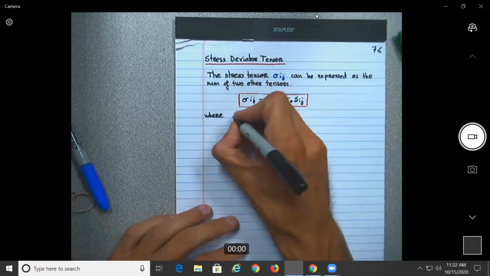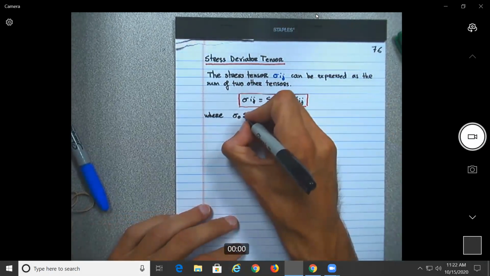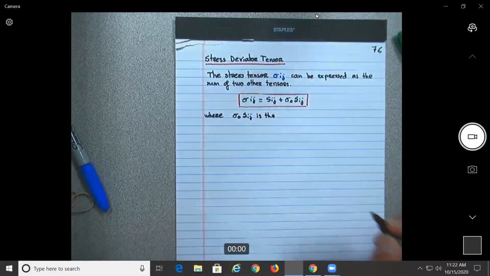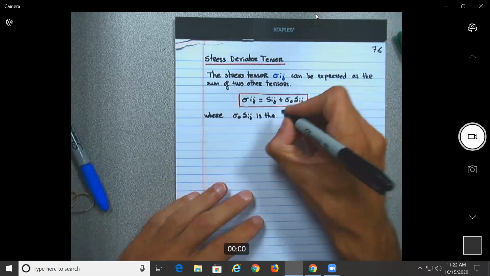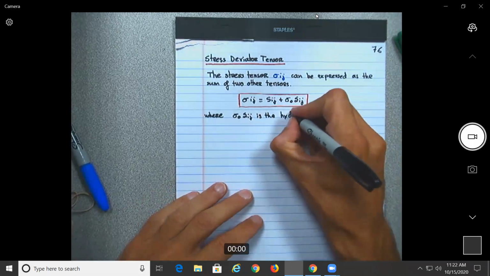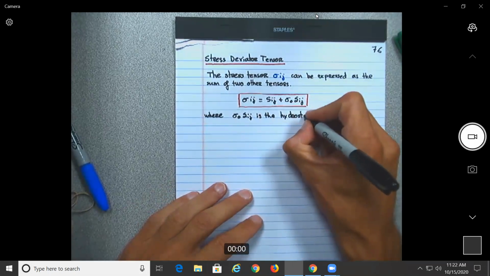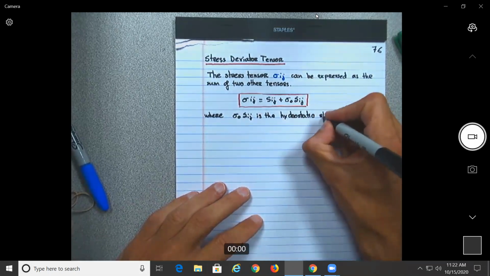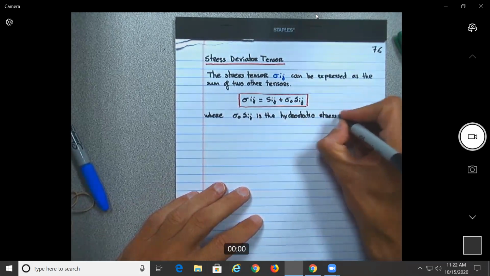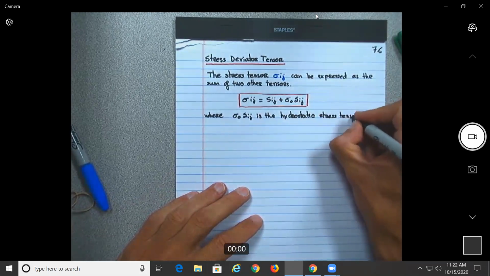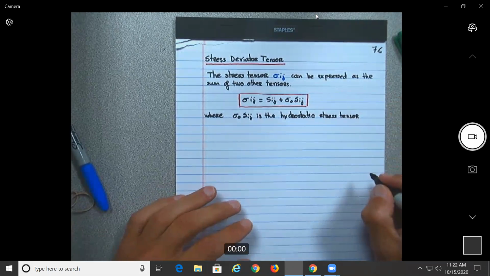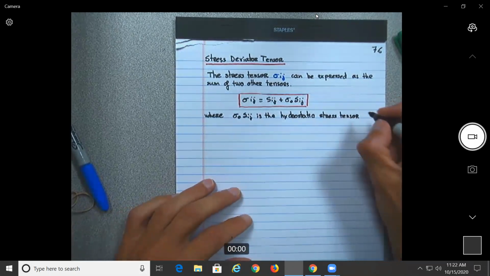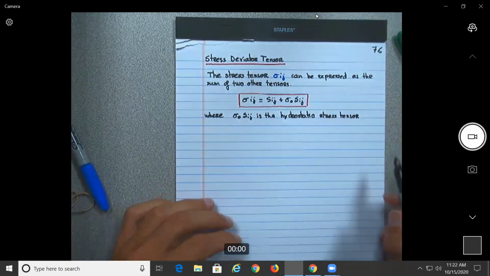Where the term over here, sigma sub naught delta ij, is the hydrostatic stress tensor. Okay, so what is the physical meaning?